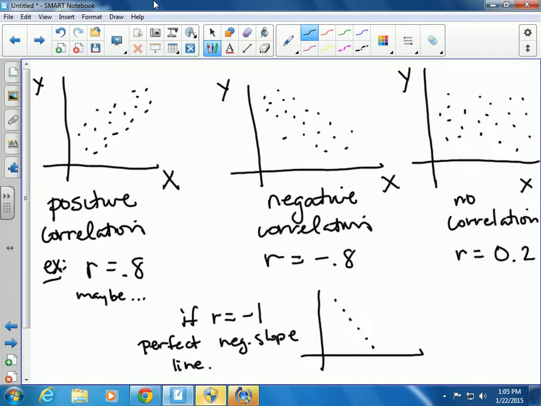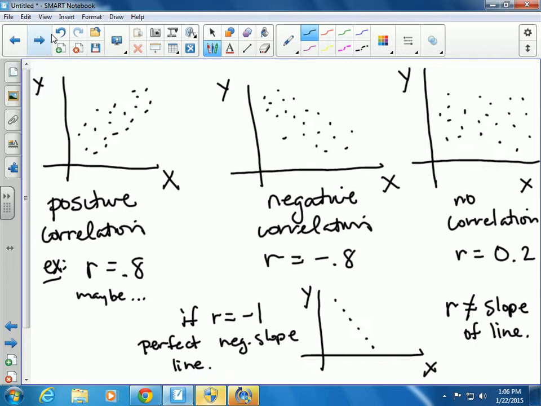The correlation coefficient r does not equal the slope of the line. So don't think that this line right here has a slope of -1. It just means the correlation between x and y is perfect in that if you drew a line through the data, you would get a perfectly straight line.